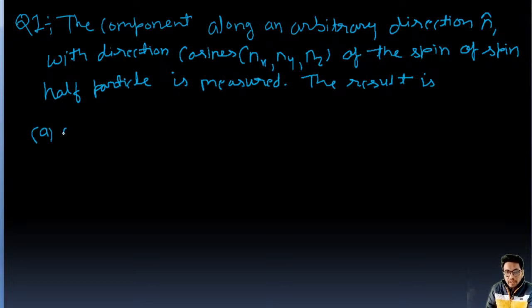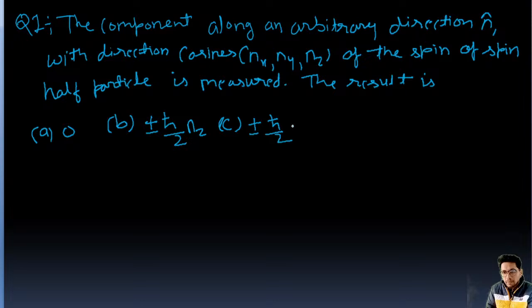Option A is 0. Option B is plus minus h cut by 2. Option C is plus minus h cut by 2 times (nx plus ny plus nz).